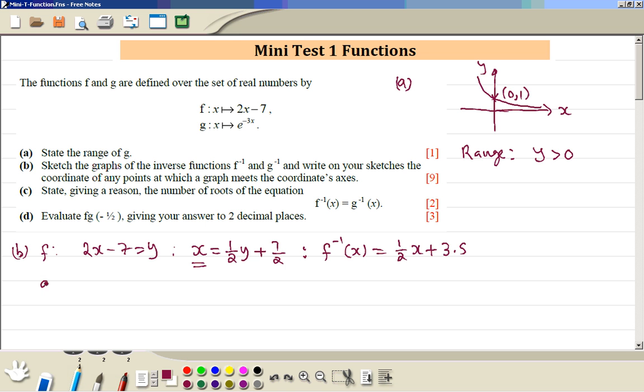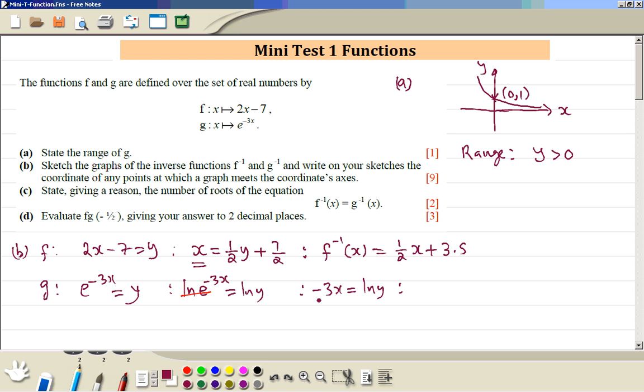Then for g, we've got e to the power minus 3x, we put it equal to y. Then we take the natural log both sides. Now ln and e, when they're next to each other, cancel each other out. So we have on the left minus 3x equal to ln y.